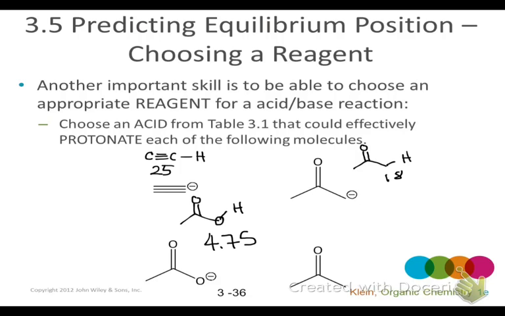The base will have a pair of electrons and pull off that hydrogen, and I'll end up with this. So this is the acid, the pKa for this is 4.75. The only thing that has to be true is the pKa of the other acid has to be greater than 4.75.